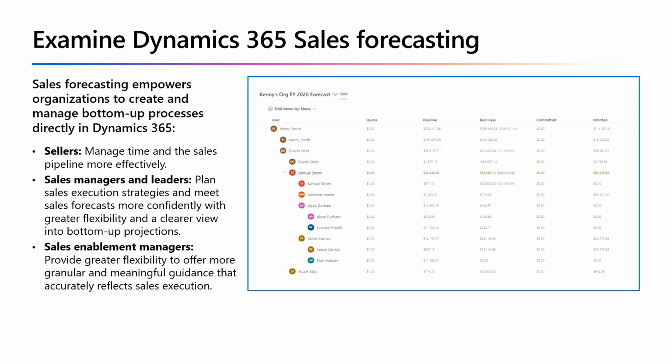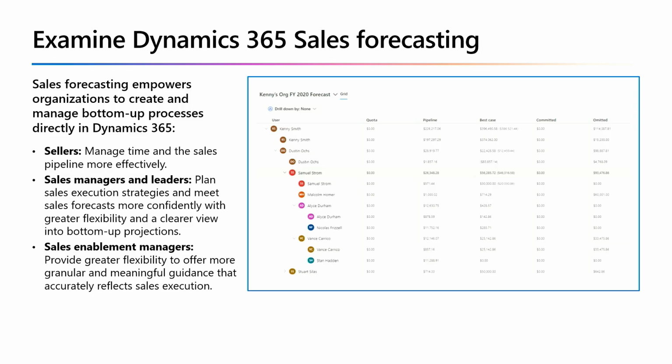For example, CEOs need to foresee demand for every product to undertake strategic business transformations. COOs need to understand the scope of the business to allocate resources effectively. CFOs require visibility into upcoming cash flow to craft financial plans for business growth. With Dynamics 365 Sales Forecasting, organizations are empowered to create and manage bottom-up processes directly.